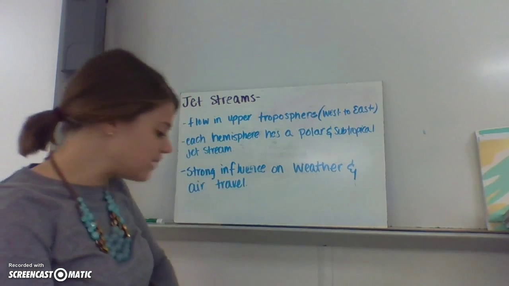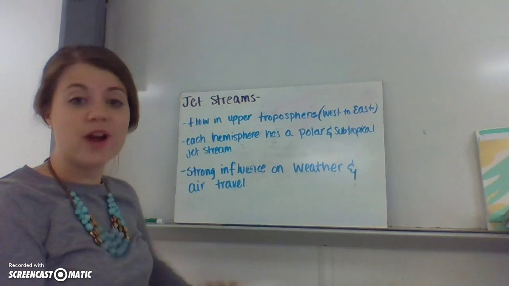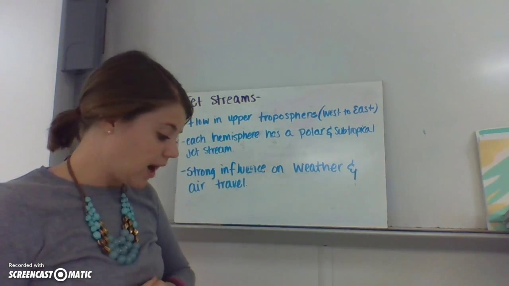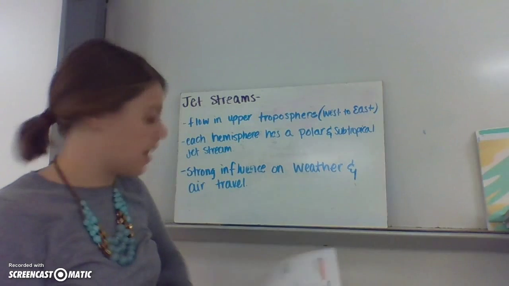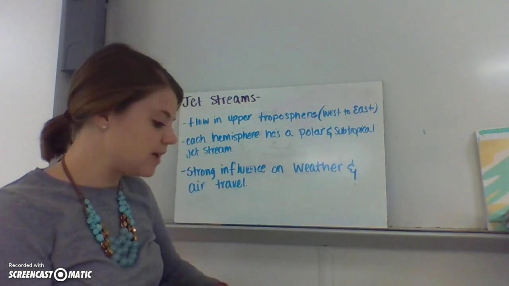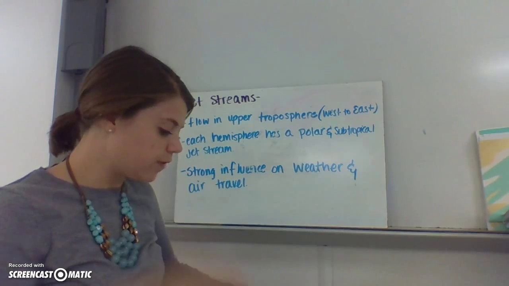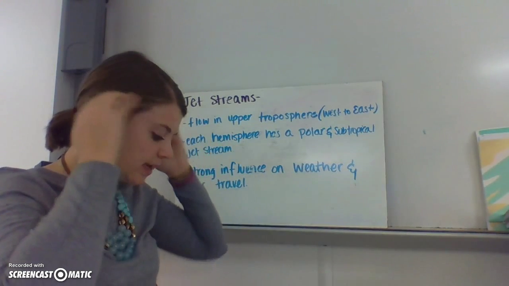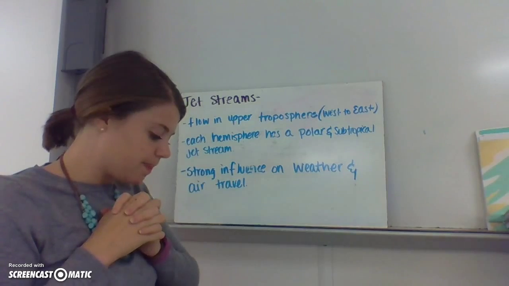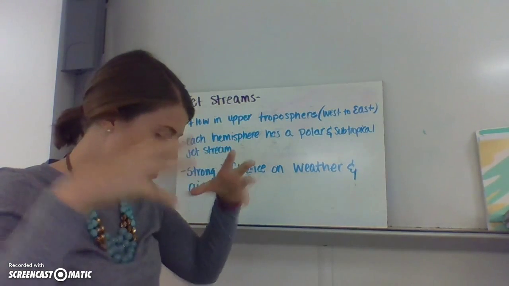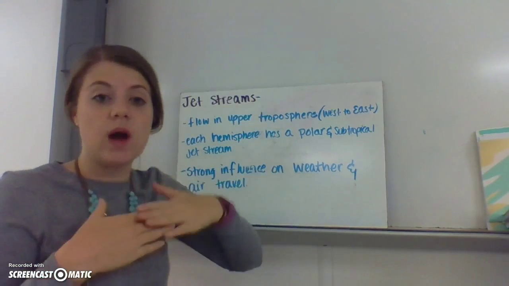Now, jet streams have a lot to do with weather and air travel, all right, because that jet stream is flowing across, and it pulls that cool air down from Canada into the USA.